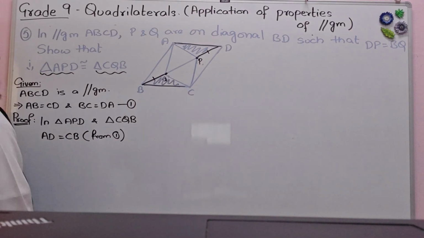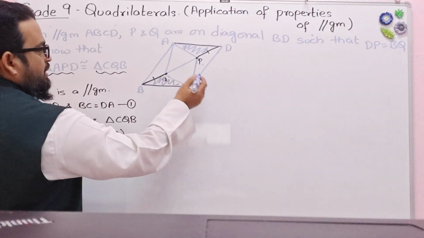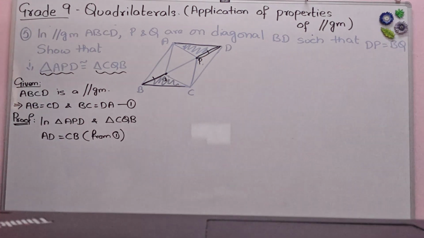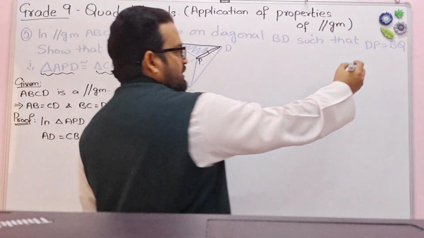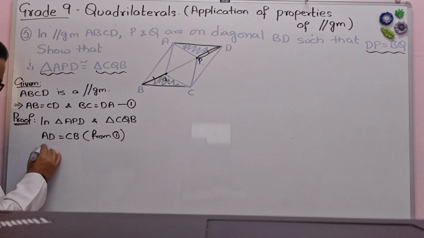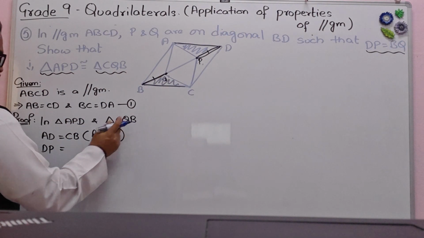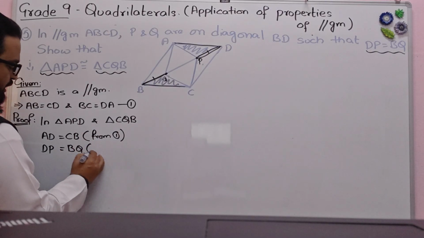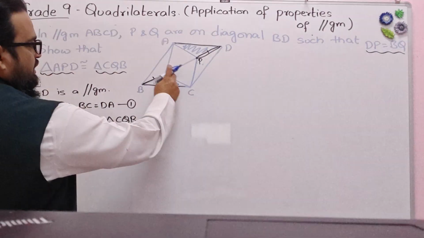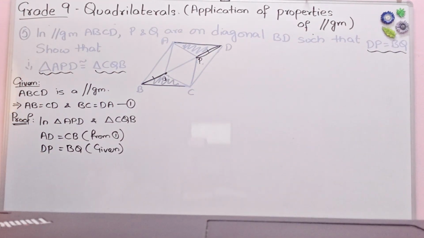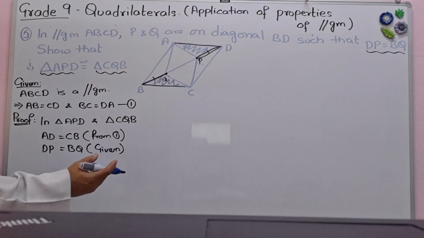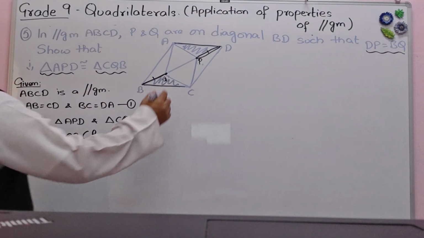After that, they have given DP is equal to BQ. So let us write the same: DP is equal to BQ. Don't forget the order. So it is given. After that, they didn't give anything about CQ and AP, right? So we cannot use SSS congruency. And if we cannot use it, what others can we use?